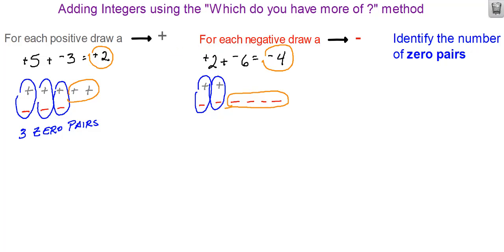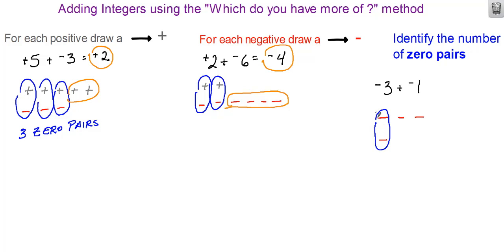Let's try negative 3 plus negative 1. So we start out with 3 negatives. We're going to add one more negative. Now notice here, there's nothing to cancel out. You do not do that.